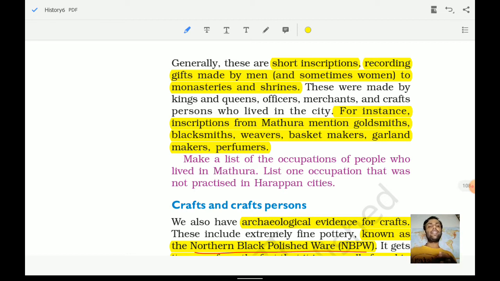So we understand that whenever there is a thriving temple or a thriving place of religious importance, different types of people used to come and settle there, and of course the people who were making the garlands and the perfumes must have settled. So it is also providing us information on what type of people used to live in the vicinity of Mathura, right?